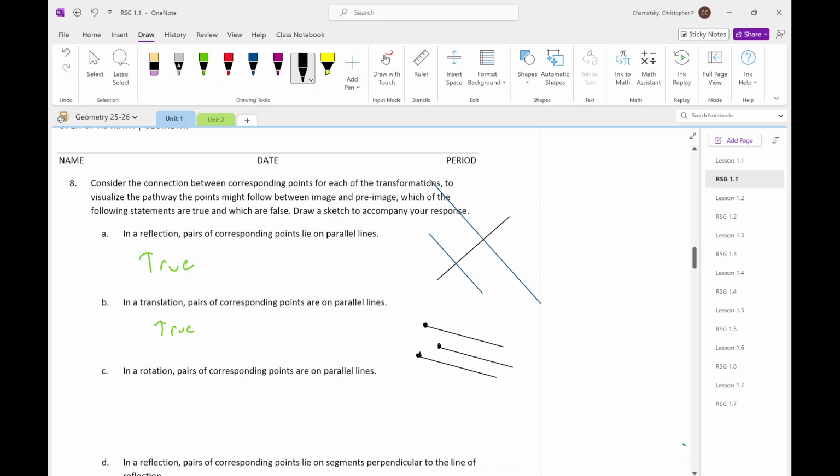Okay. So there's a picture of our reflection. There's our translation.